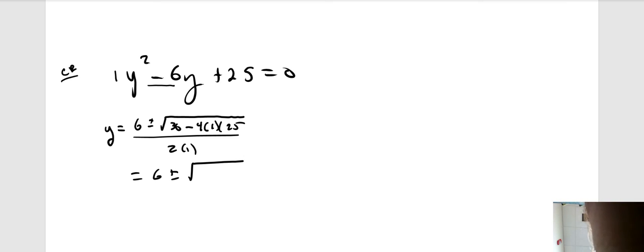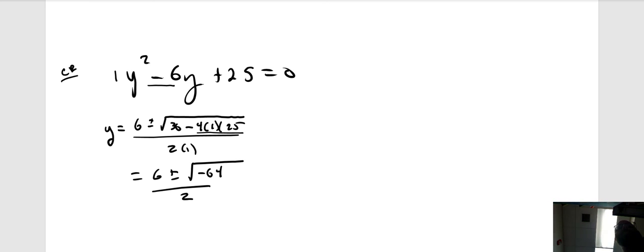So that's going to be 6 plus or minus the square root of 36 minus 100, which is, what is that? -64, I believe, over 2. Now, remember, this -64, we can treat that as -1 times 64.